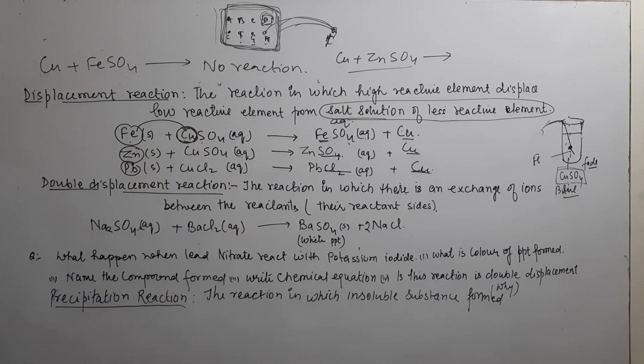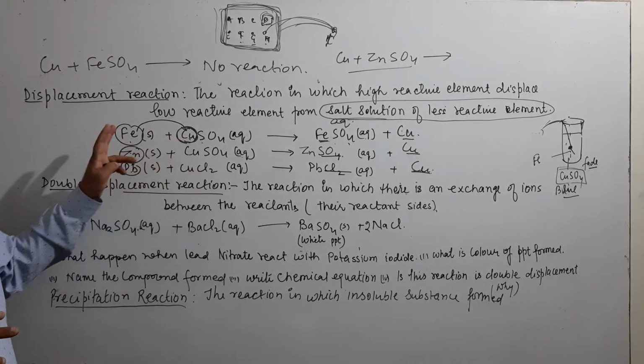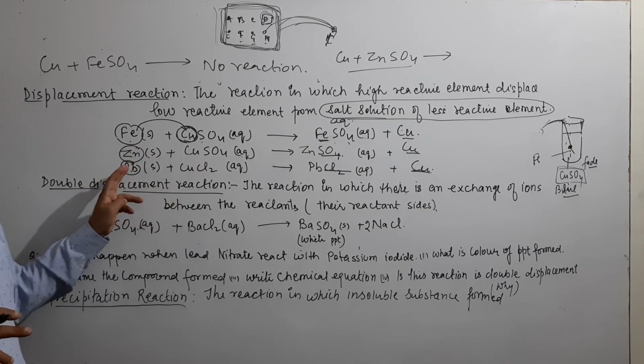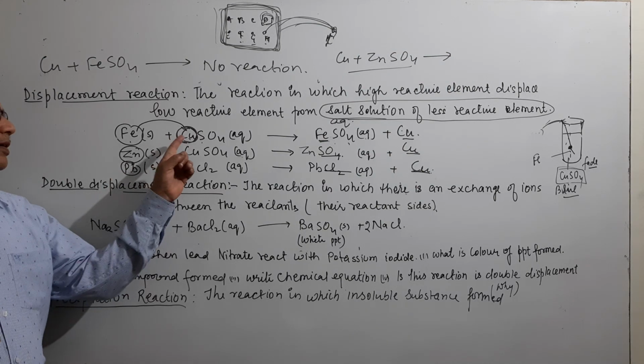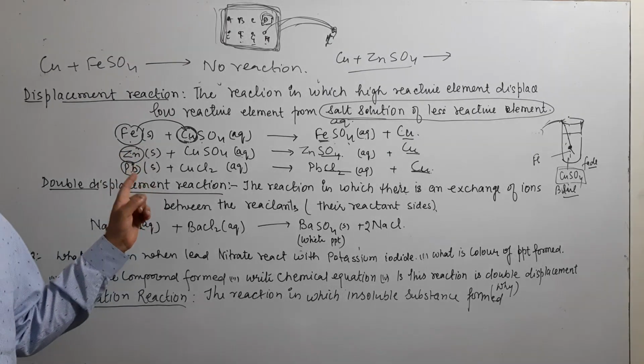It means they can displace copper, which is less reactive, from its salt solution, whereas copper can't displace iron, zinc or lead from its salt solution. Why? Because copper is less reactive than zinc, iron and lead.